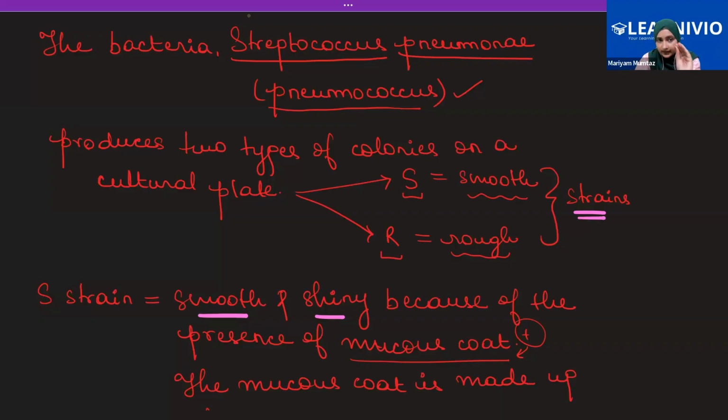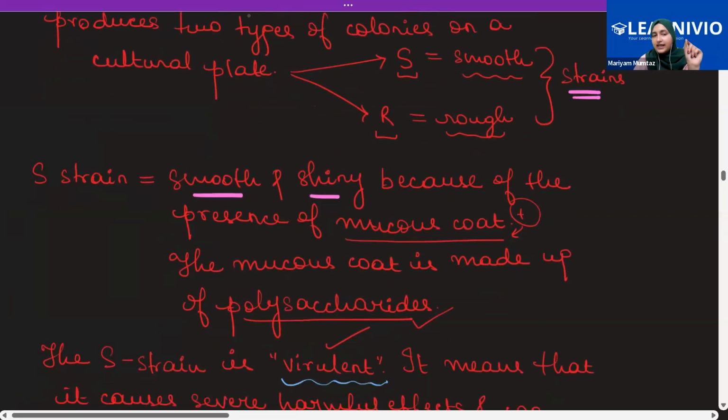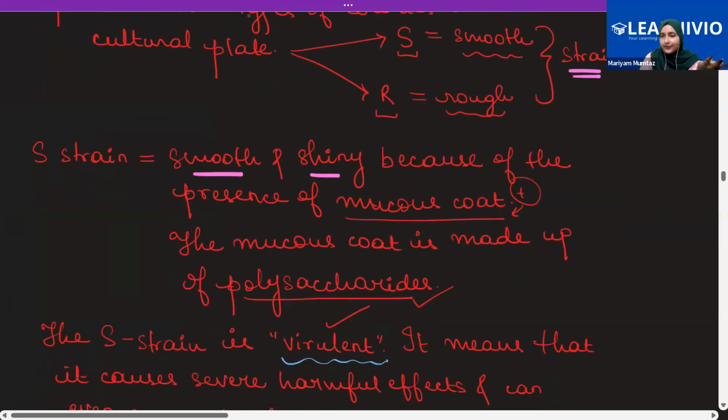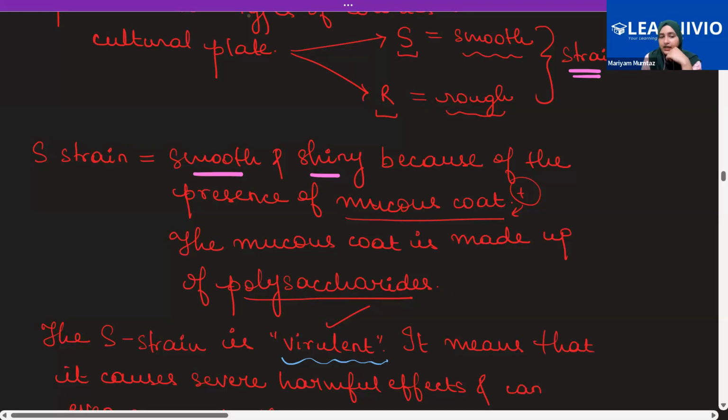Now, amongst the colonies, the S strain. Strain means the type, like type 1, type 2; instead of saying type, I'm saying strain. The first strain is the S strain, and it is smooth and shiny. Why? Because it has a mucus coating on its surface, which gives it a very shiny appearance. This mucus coat is made up of polysaccharide. Now, this S strain is virulent.